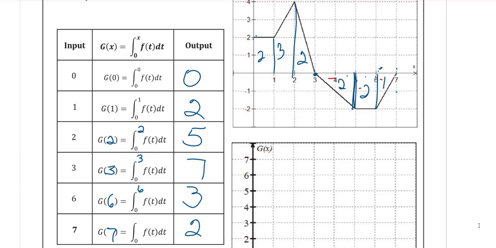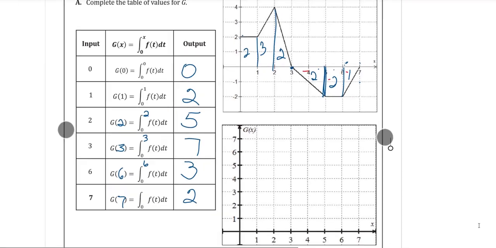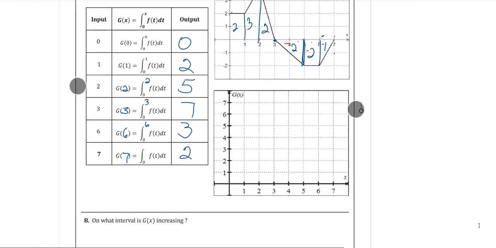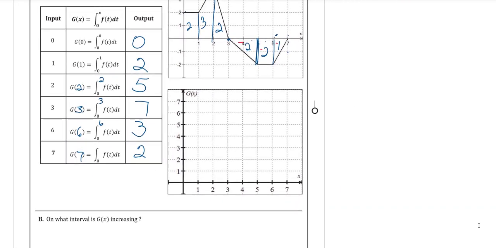So letter B then asks us, and I think I'm just going to reduce this in size so we can see the graph still. Letter B asks us on what intervals is g of x increasing. And g of x is going to be increasing from 0 to 3.